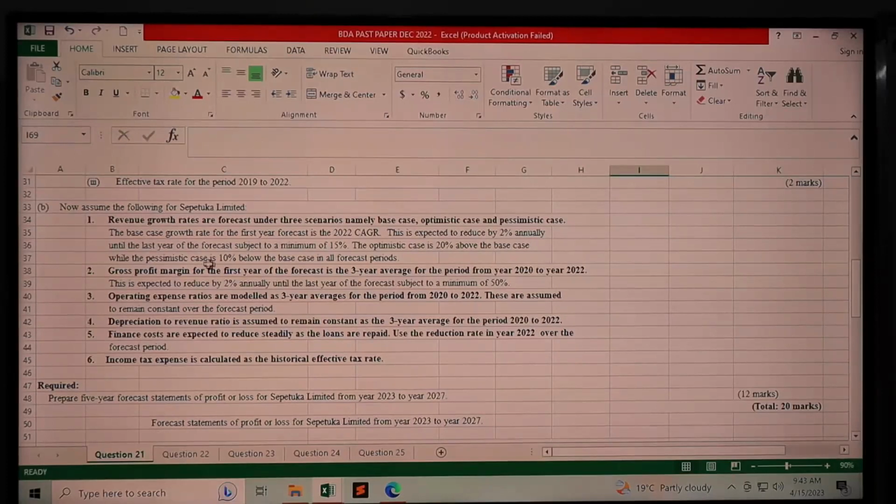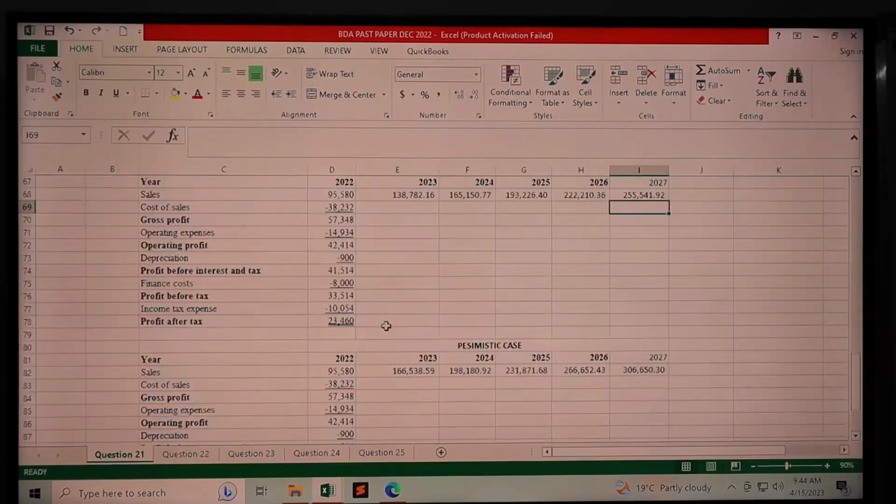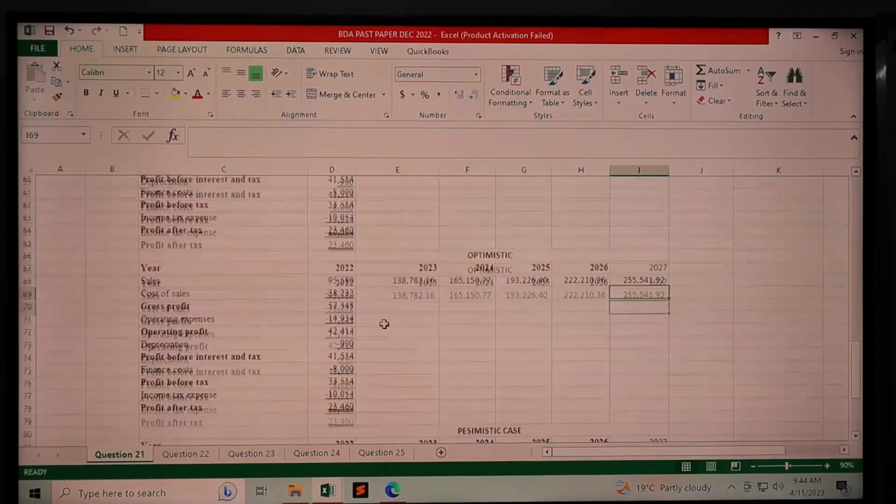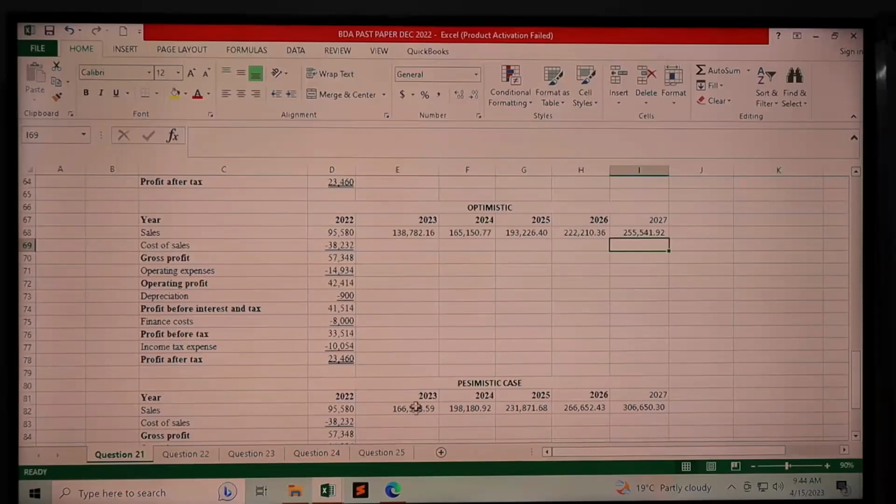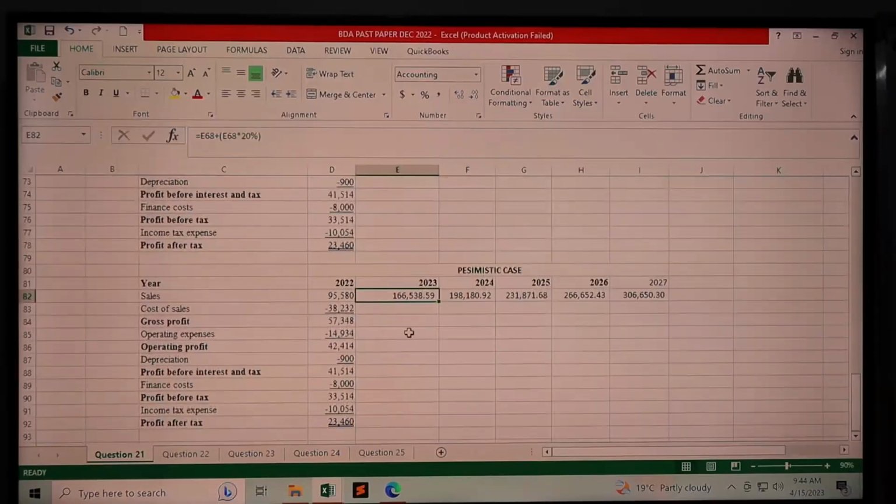Then for pessimistic, we are told again in our question that the pessimistic case is 10% below the base in all the forecast period, that is for all years. So being 10% below, it means we are now going to use 90%. You are supposed to use 90.